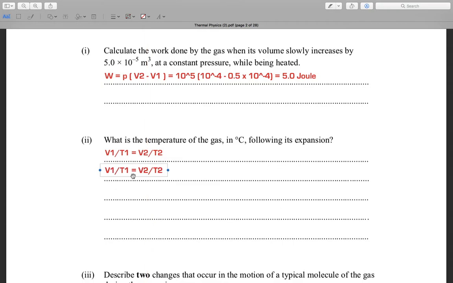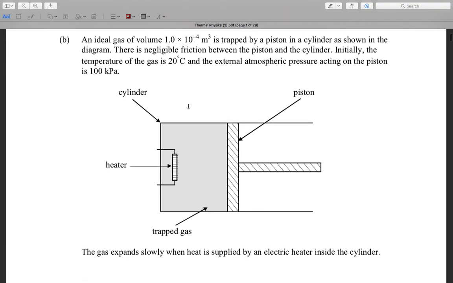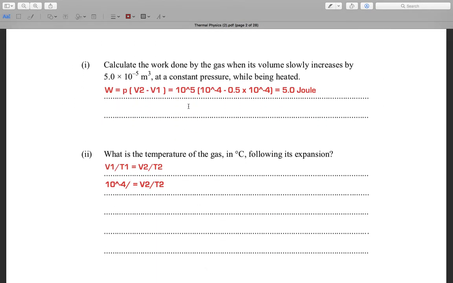Volume 1 is 10 to the power minus 4, divided by the first temperature, 20 degrees Celsius, which we change into Kelvin, 293.